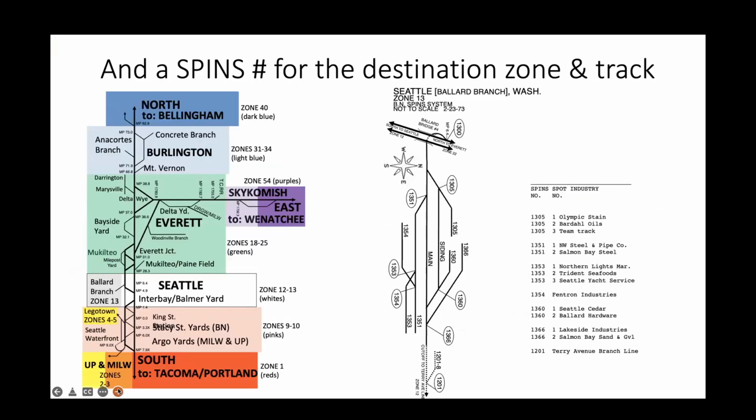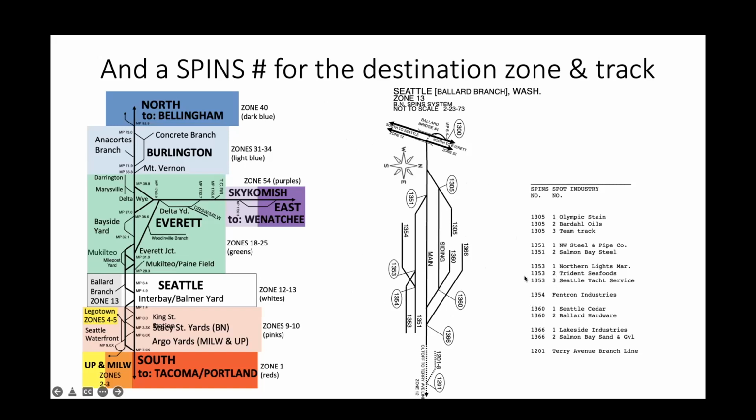It's also useful to operators to know where they're supposed to drop off the car, and SPINS is the prototype employee handbook on what tracks are where. So I made up diagrams that follow the SPINS kind of layout, and that lists for each zone of the railroad, it lists the different shippers that you can access.